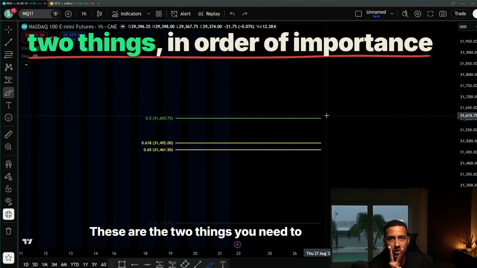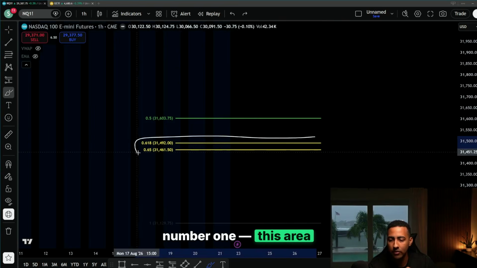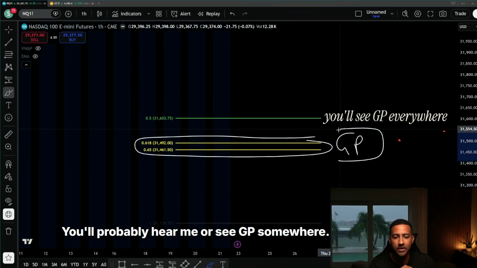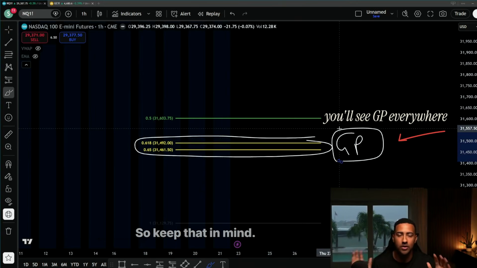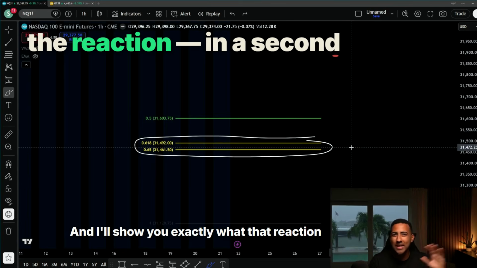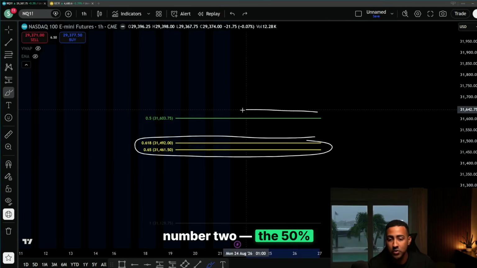These are the 2 things you need to pay attention to in order of importance. Number 1 is going to be this area right here. This is called your golden pocket, your GP for short. You'll probably hear me say or see GP somewhere, so keep that in mind. This is the area where we are most likely going to react to, and I'll show you exactly what that reaction looks like in just a second, but we need to go over the second thing, which is going to be the 50%.